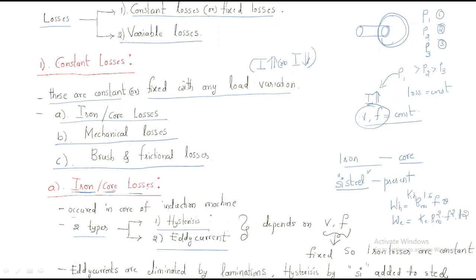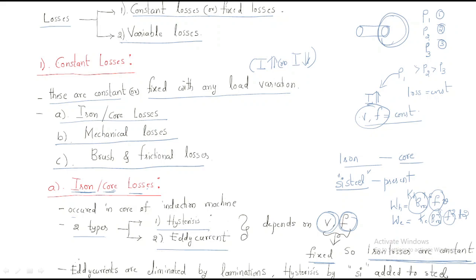If you observe here, the only variable things are flux as well as frequency, and these depend completely on the voltage and frequency. Generally, in a three-phase induction motor, the given input voltage is constant and the frequency is constant. That's why these are fixed. So iron losses are called constant losses. That's why the name is constant loss.